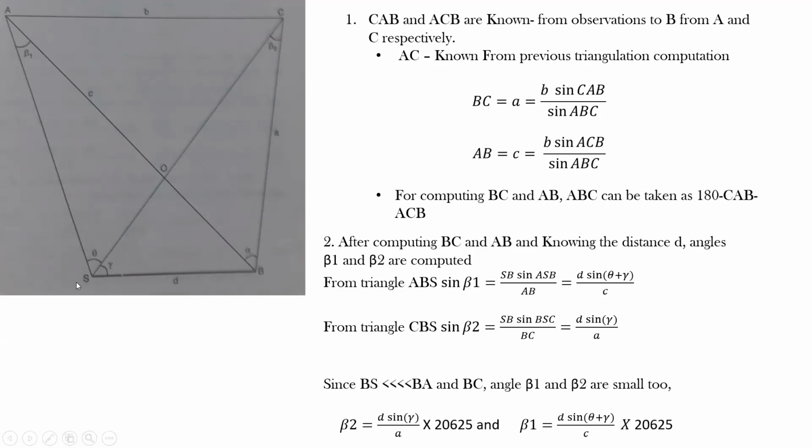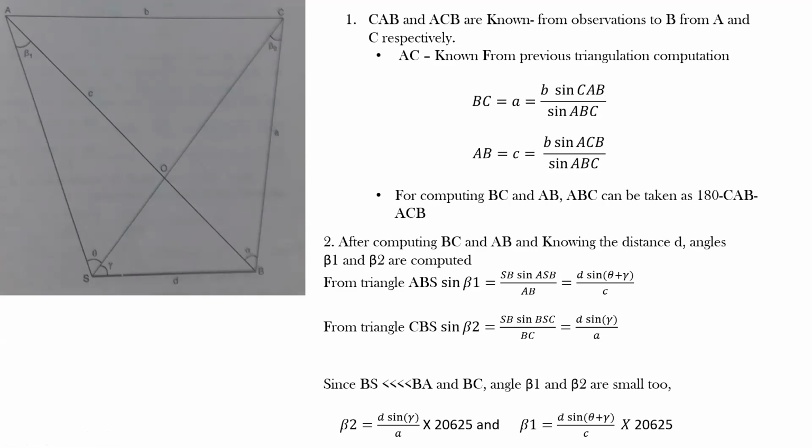Similarly, if I consider triangle CBS, the known value is D and unknown is beta 2. So sine of beta 2 will be equal to SB into sine of BSC divided by BC.